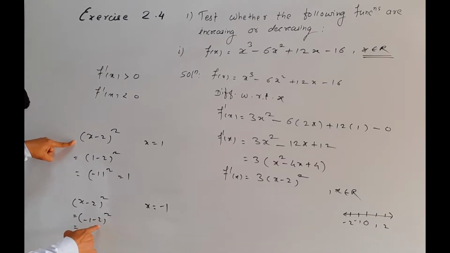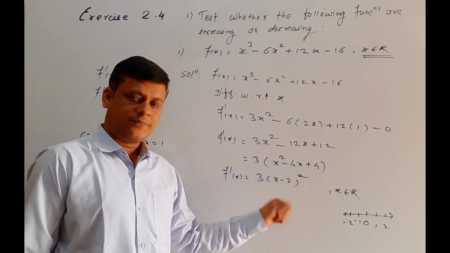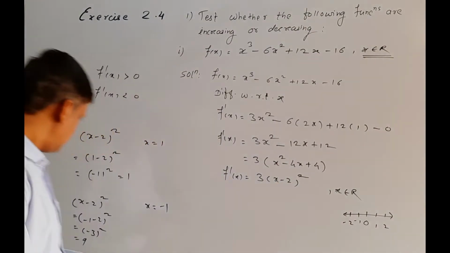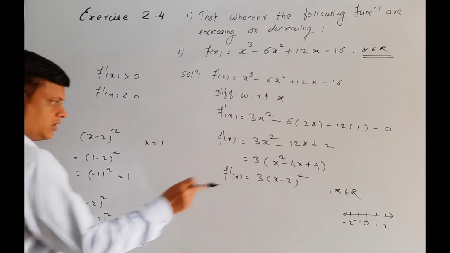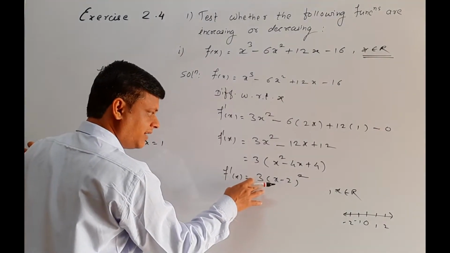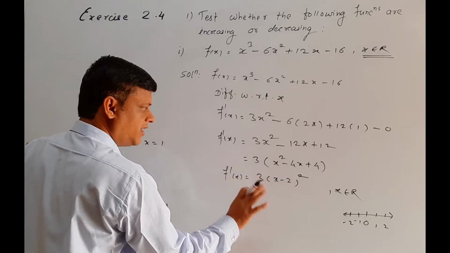Minus 1 minus 2 is minus 3, and its square is plus 9. Whether the bracket value is greater than 0 or less than 0, we then multiply by 3, so we check the value of the bracket only, because the value of 3 is fixed.